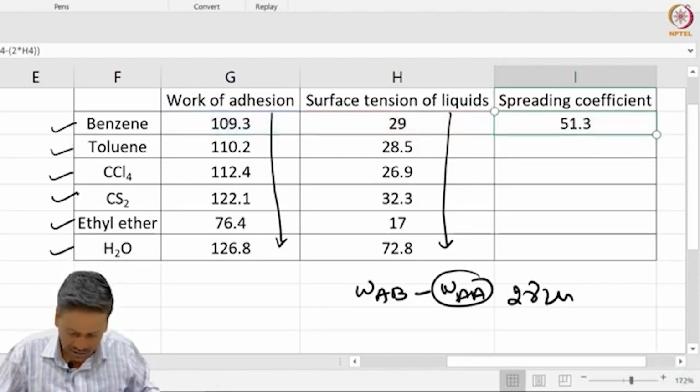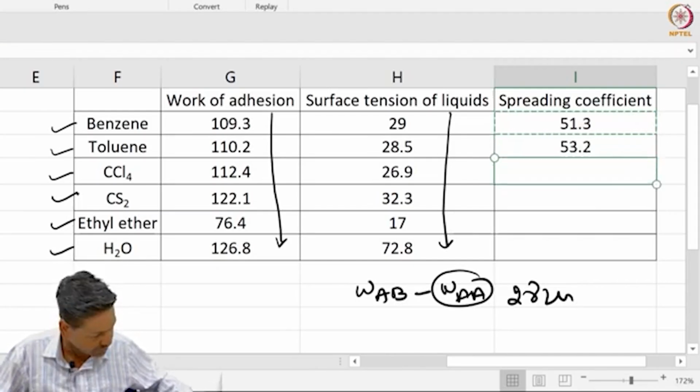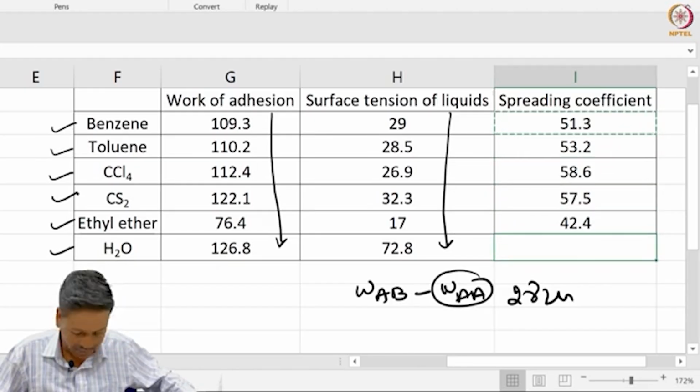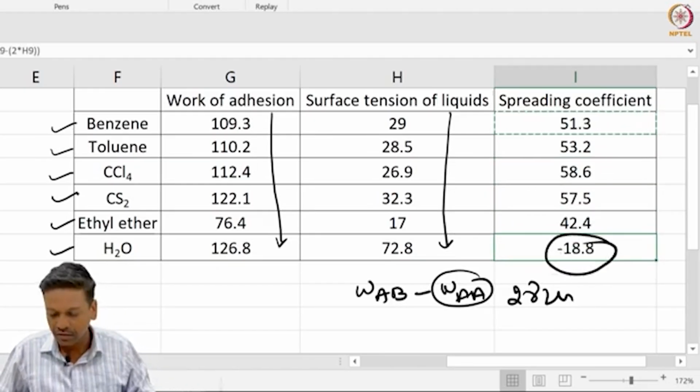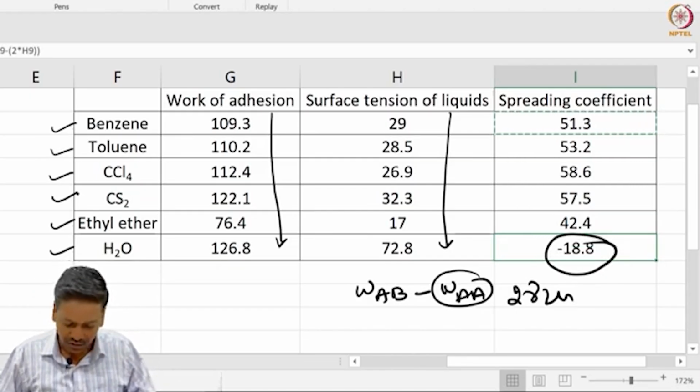So we have got this, and you can see that the values are changing here. Look at the value for the water case. This is negative. In the case of spreading coefficient for water with the carbon black, the spreading coefficient is negative.